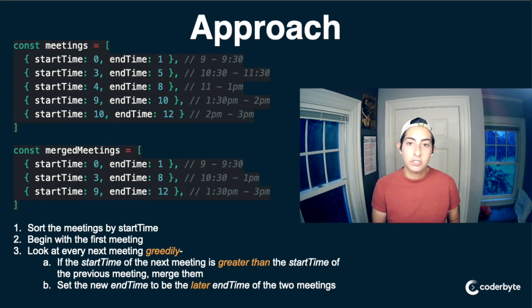So the next merged meeting is going to be the later of the two end times of the two meetings we're comparing. And again, this is greedy, right? This is going to be our answer until we have another meeting that will displace the previous answer that we've already come to, or that is the merged meeting, and we're going to start a new range.